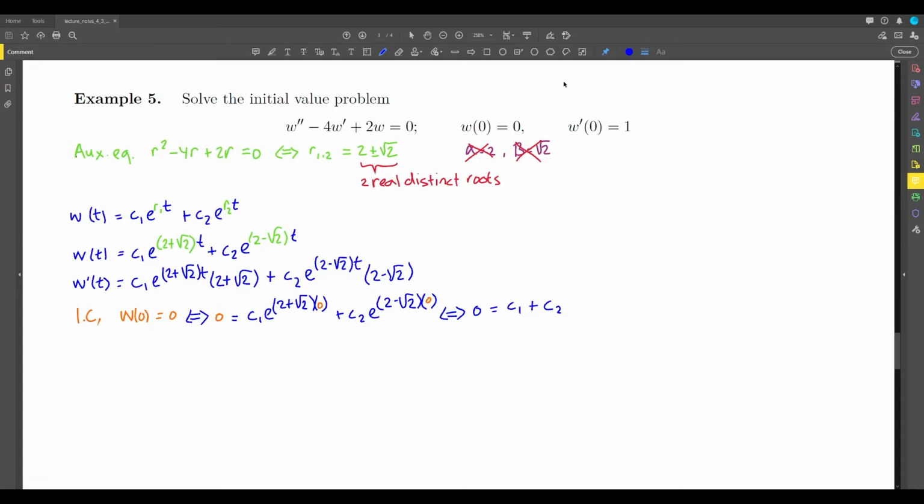Okay, the other initial condition, w prime at 0 equals 1.